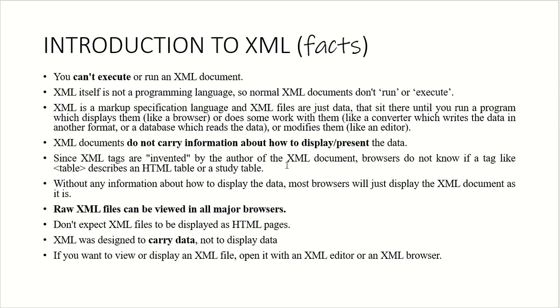Whoever writes the XML document will know what all things he has written in that XML document. Alright? So the browsers will not know, for example, if the author made a tag table, whether that tag is an HTML table or a study table. Again, since XML tags are invented by the author of the XML document, browsers do not know if a tag like table describes an HTML table or a study table.